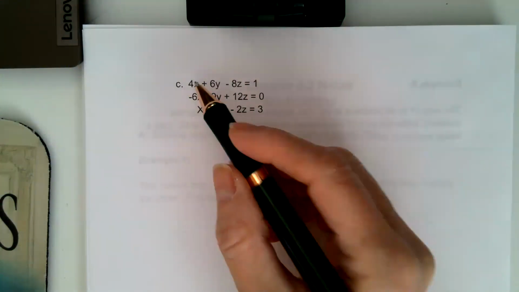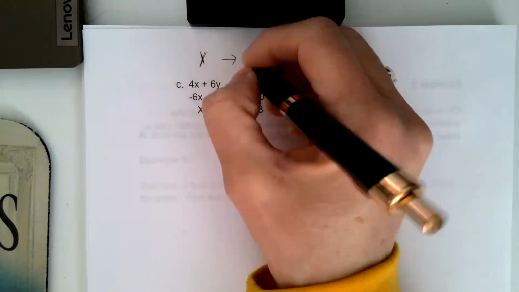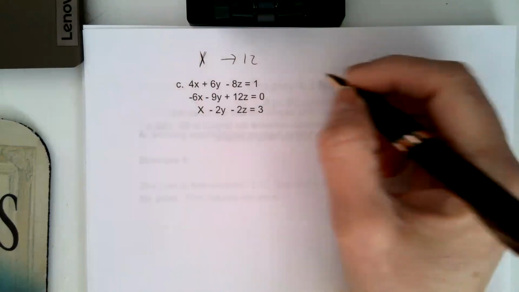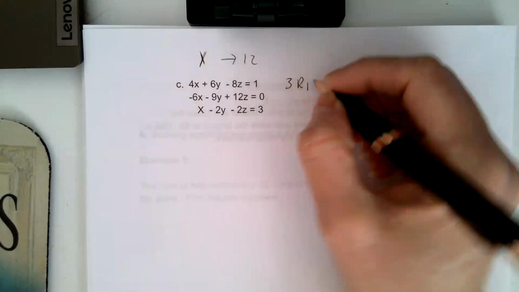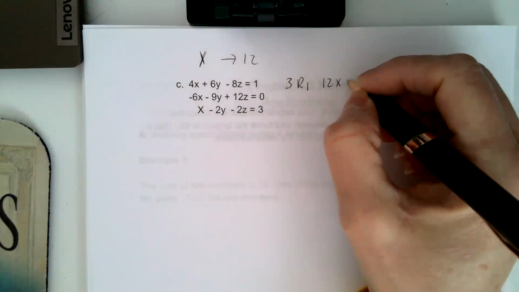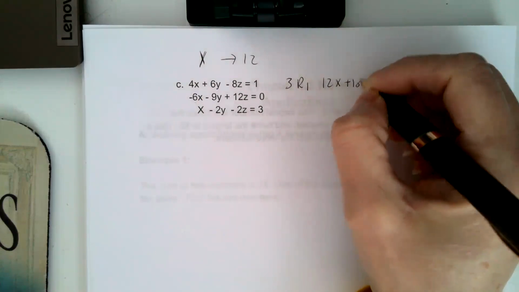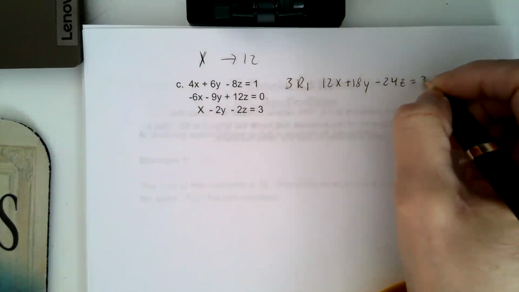So I'm going to eliminate X to a multiple of 12. So that means I'm going to do 3 times row 1. It's going to give me 12X plus 18Y minus 24Z equals 3.